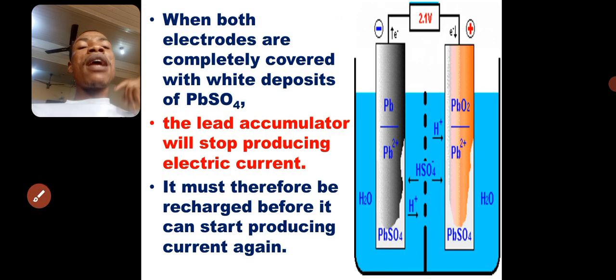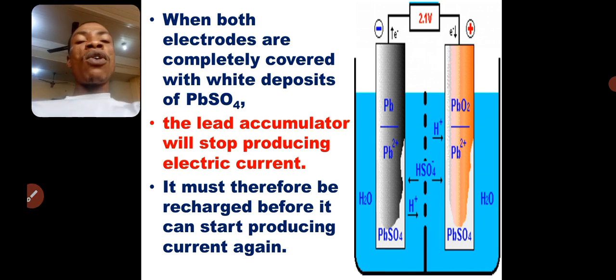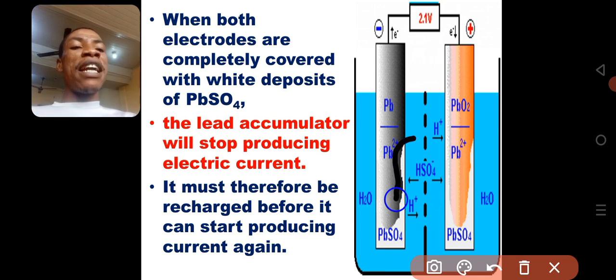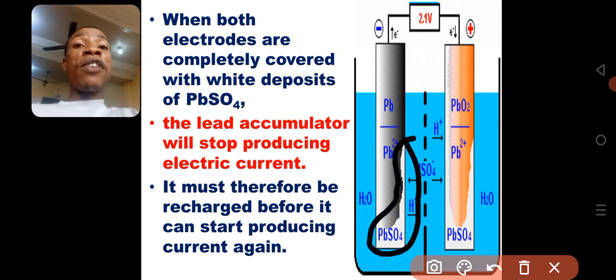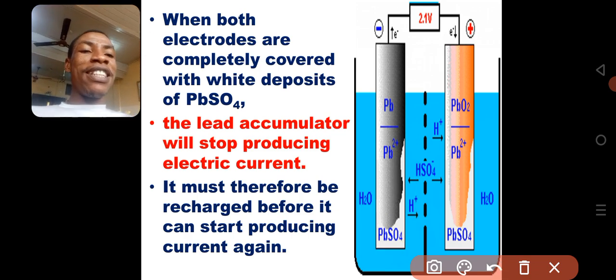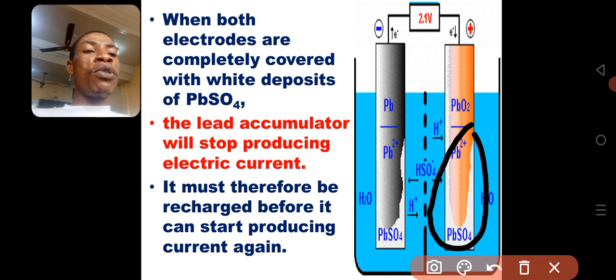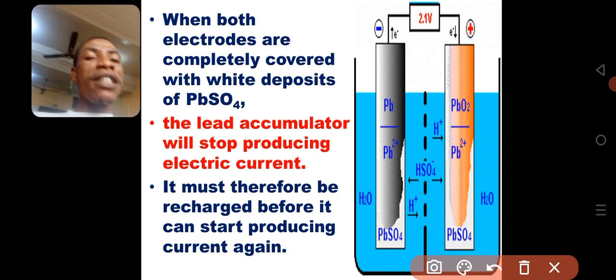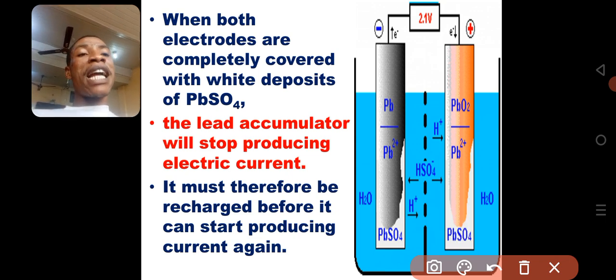So this is what will happen as the discharging process continues to take place. As you can see in this diagram now, you can see the whitish material here. That's the lead sulfate covering the surface of the electrode. Look at the cathode also, PbO2. You can see the white lead sulfate covering the anode and the cathode.